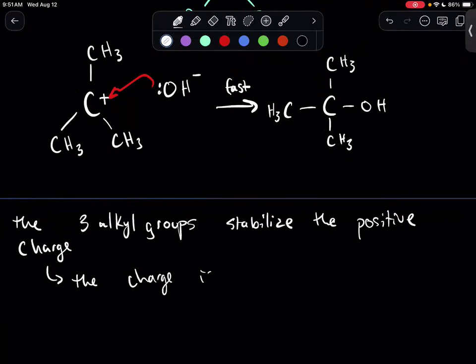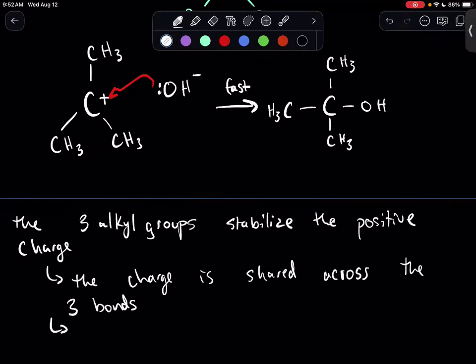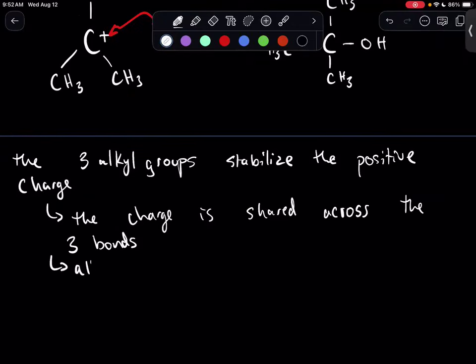The charge is shared across the three bonds. And that allows the carbocation to be stable, or specifically what I said before, which allows for a stable intermediate.